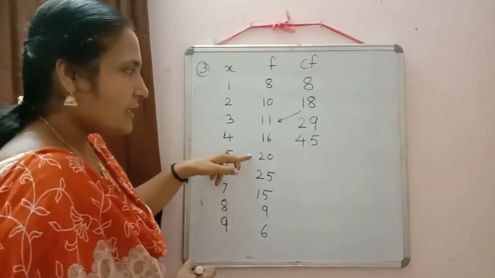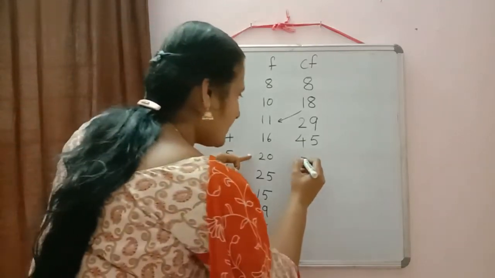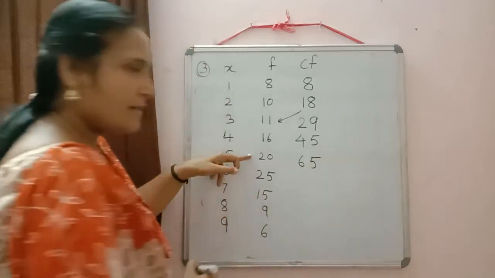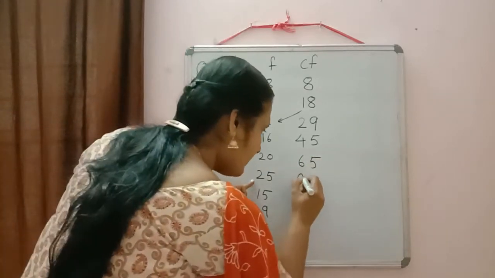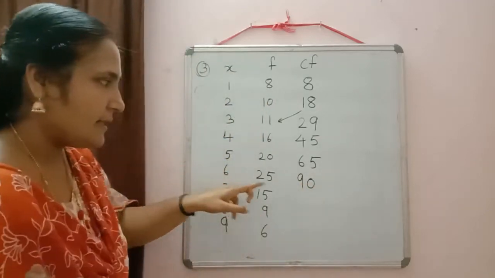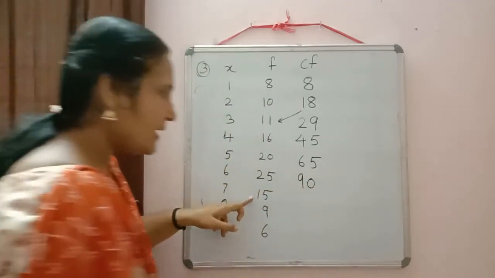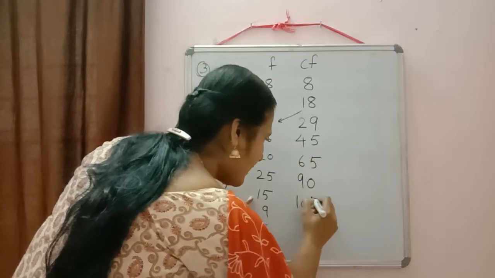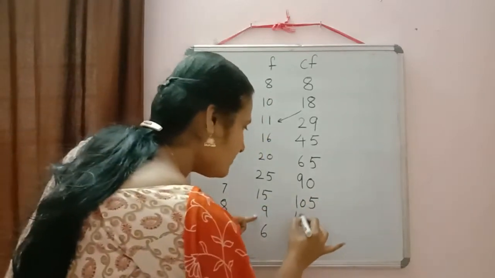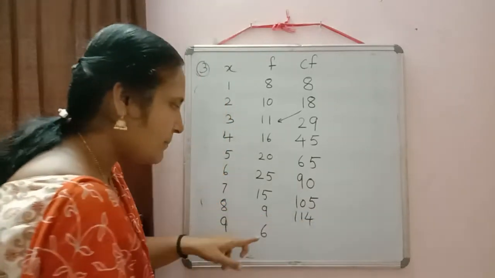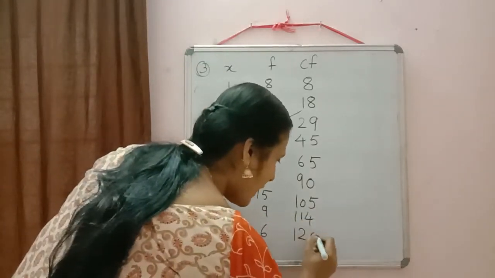Then 45 plus 20 will be equal to 65. Then 65 plus 25 is 90. Then 90 plus 15 is 105. 105 plus 9 is 114. And plus 6 is equal to 120.